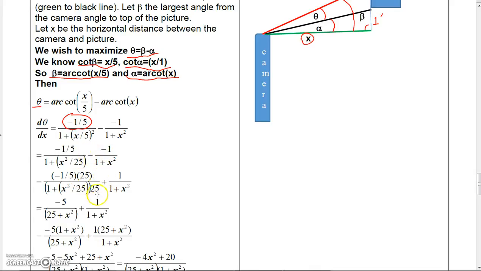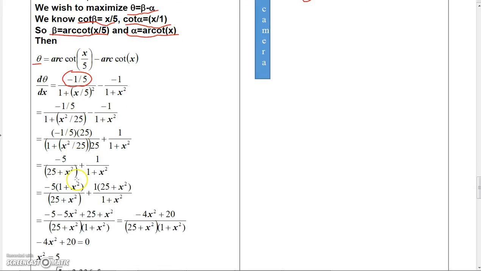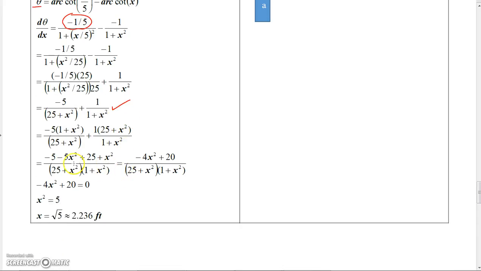I went ahead and multiplied the top and bottom by 25. Then I did a little algebra, got a common denominator and collected like terms on the top, and I got minus 4x squared plus 20 for the numerator. The denominator was 25 plus x squared over 1 plus x squared.